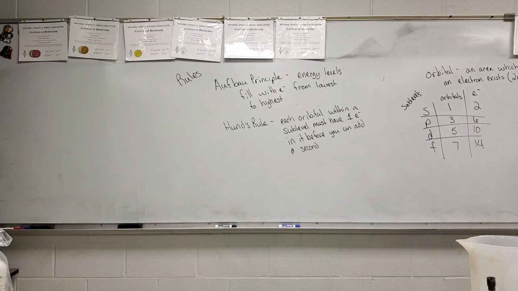Imagine that a sublevel is a school bus. Each orbital is a seat on the bus. Each student is an electron. On a bus, everybody wants a seat to themselves, right? So everybody gets a seat by themselves, and when we get so many kids on there, you start having to double up. But usually all the seats are full first, correct? The same thing happens with electrons. You put 1 in each orbital first, then you go back and put the second one in.